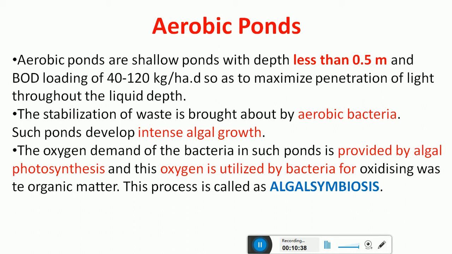That means the algae will depend upon the carbon dioxide given out by the bacteria during the oxidation process. Using this carbon dioxide, with the help of sunlight and photosynthesis, the algae will give out oxygen, and that oxygen is again taken up by the bacteria for the oxidation process. This process is continuous, and that is called algal symbiosis.